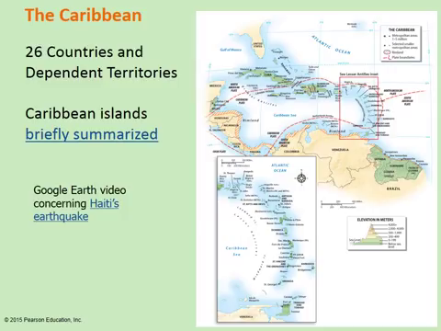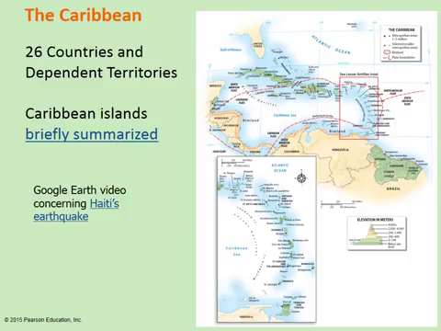Extending beyond these 4 larger islands to the east is the Lesser Antilles. And you see the detail given on the map as well of this set of islands, this arc of islands.